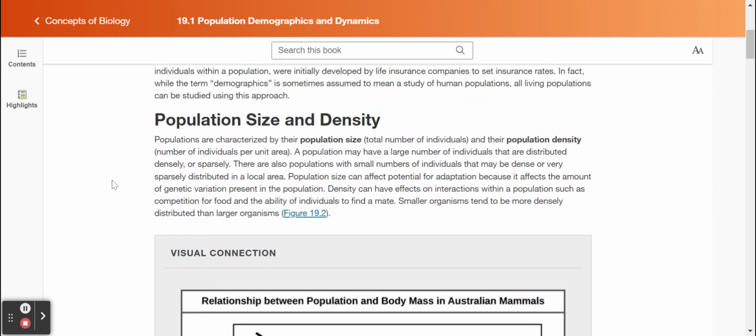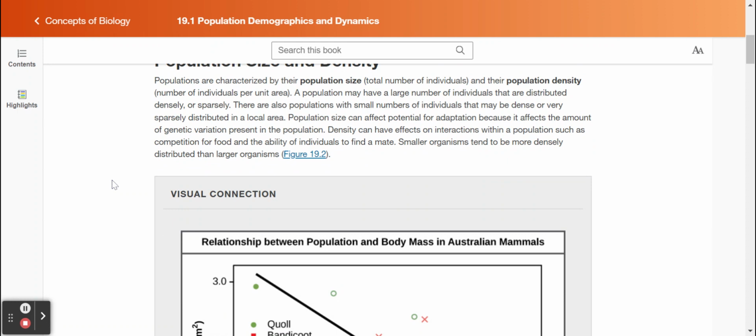Population size and density. Populations are characterized by their population size, the total number of individuals, and their population density, the number of individuals per unit area. A population may have a large number of individuals that are distributed densely or sparsely. There are also populations with small numbers of individuals that may be dense or very sparsely distributed in a local area.